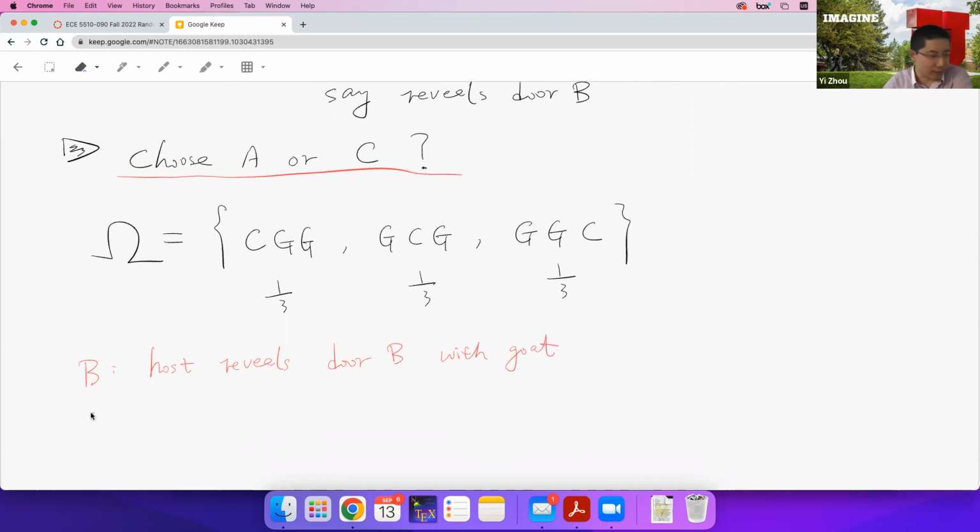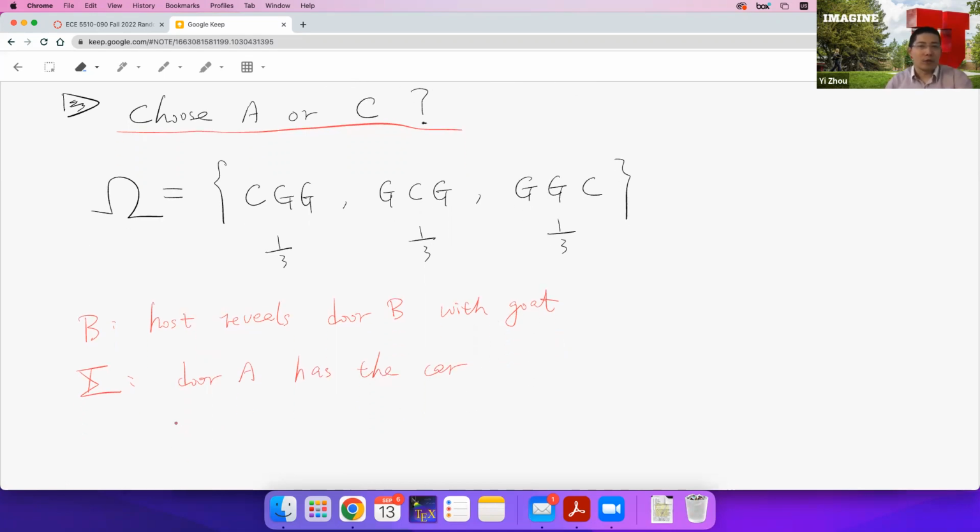And to avoid conflict of notation, let's define event sigma as door A has the car. So we want to compute the probability of event sigma given B. Right? Given that the host reveals this event, what is the probability that door A has the car?